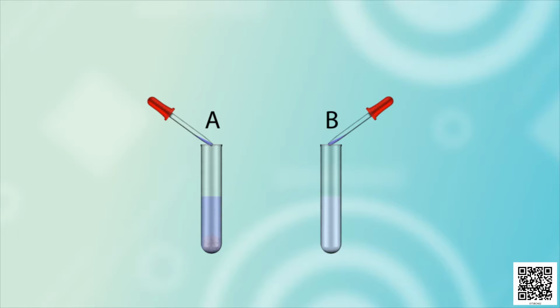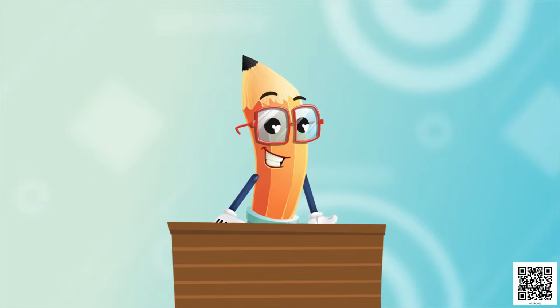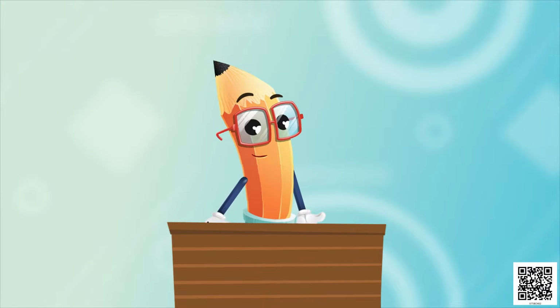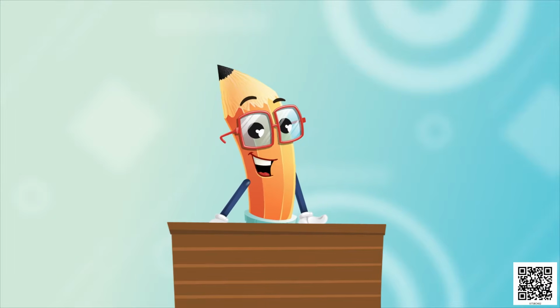What do you infer? In test tube A, the color of iodine changes to blue-black, but there is no change in test tube B. Iodine solution is used for testing the presence of starch. When iodine solution is added to starch, the color of iodine changes to blue-black.